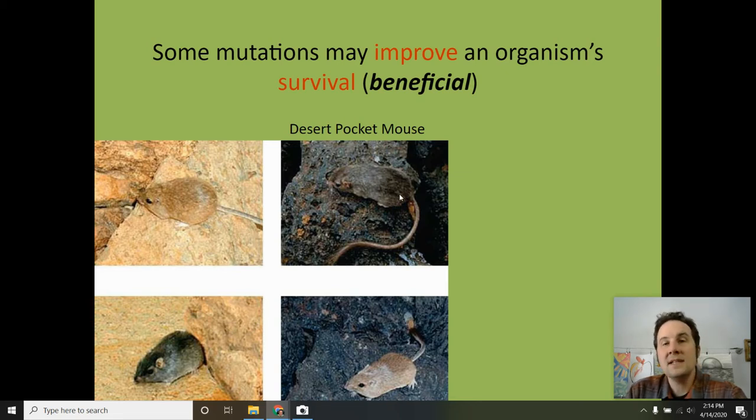So that random mutation, that just randomly some are a little bit darker, a little bit lighter, gave that mouse a selective advantage in the environment. It allowed that darker mouse to make more babies. And that right there is what we call natural selection. We're coming back to that in just a very short while. So stand by.